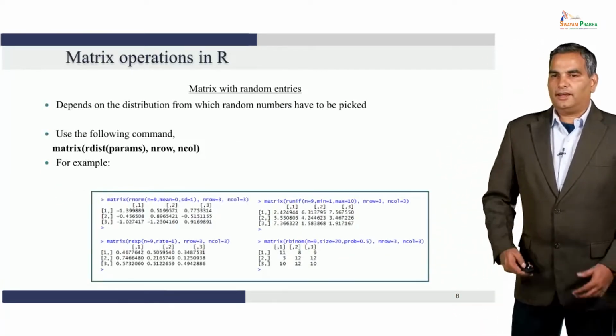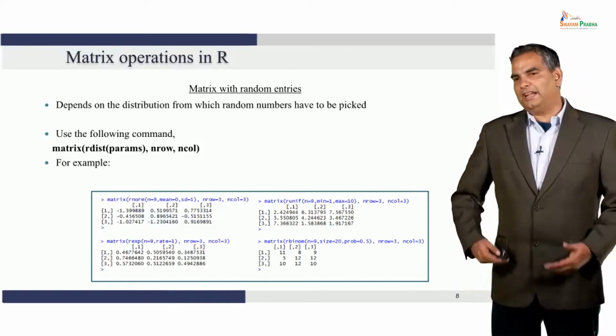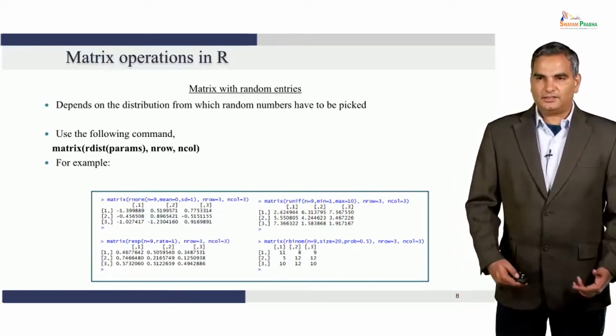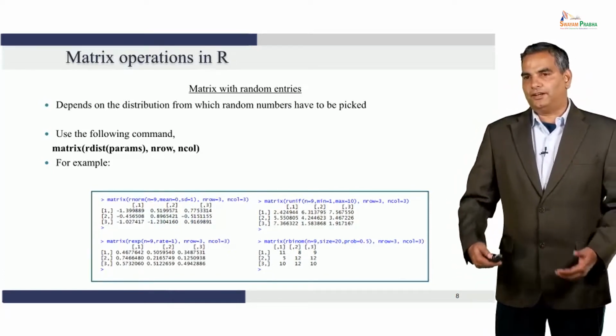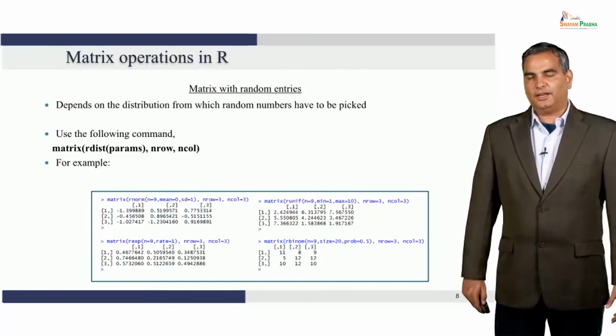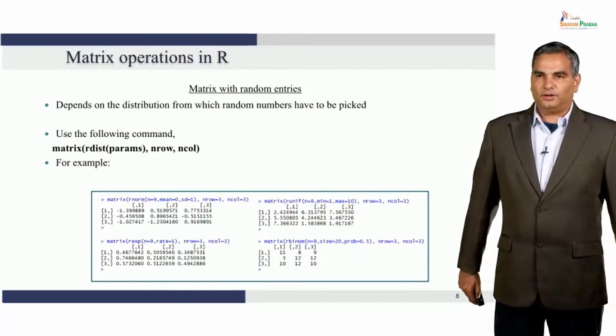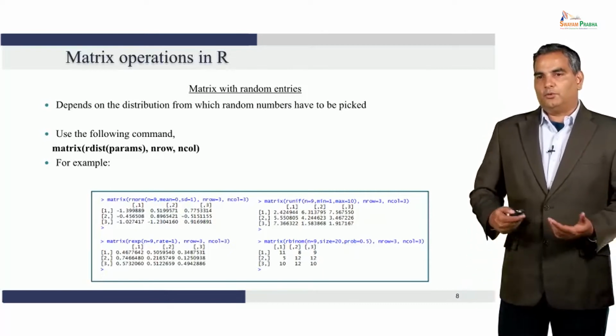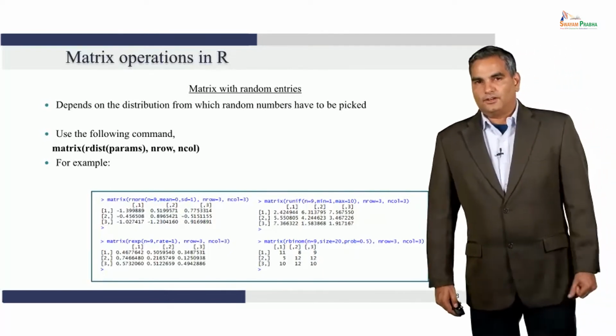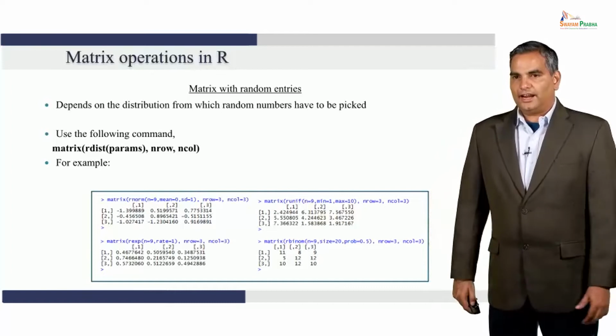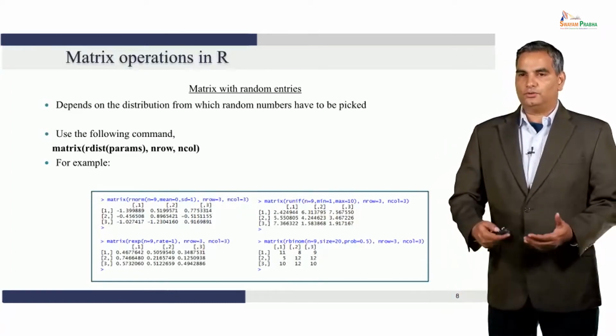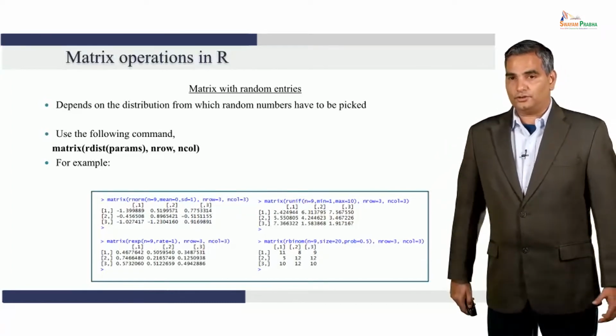Now there are cases where you want to predefine certain matrices. We had already seen this before when we predefined a constant matrix with only the number 3, or we predefined a matrix only with diagonal elements. There are more sophisticated things that you could do. For example, if you wanted a matrix with only random entries, you could use any kind of distribution to do this.